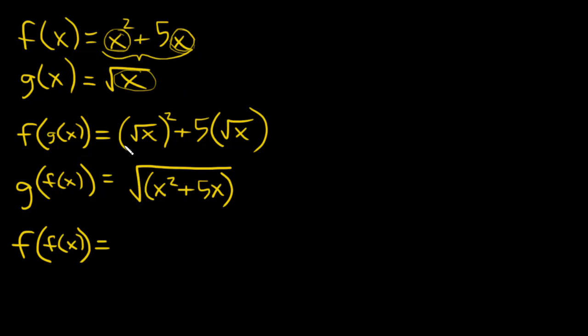So instead of x squared, I'm going to get x squared plus 5x, squared. And then for this x, I'm going to get plus 5 times x squared plus 5x.